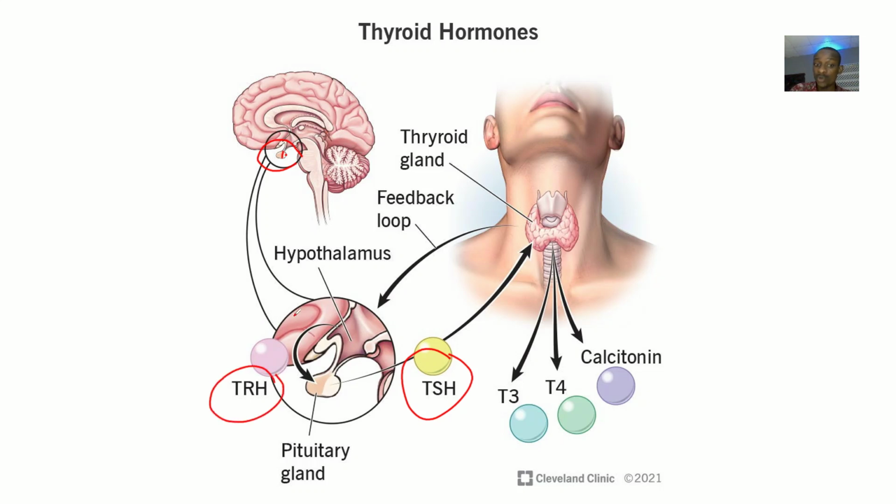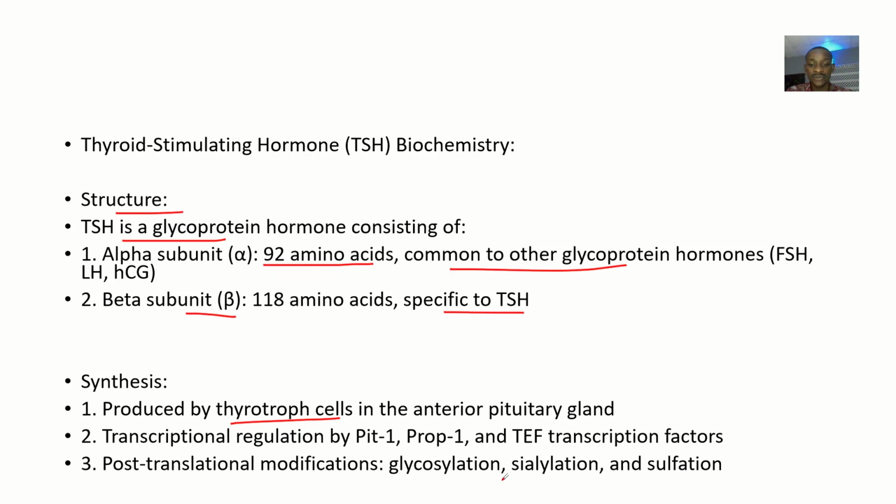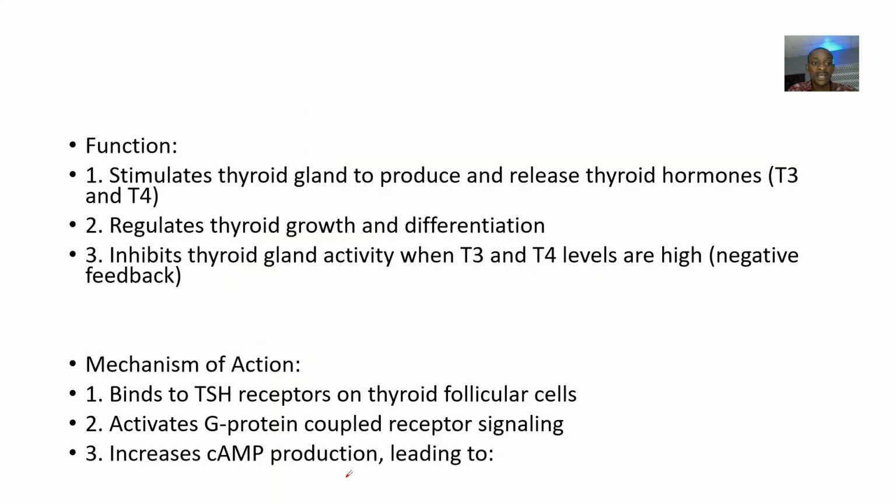The thyroid releasing hormone acts on the pituitary gland and releases TSH. TSH will act on the thyroid gland to release T3, T4, and calcitonin. You could just leave it there at your level: produced by the thyrotroph cells in the anterior pituitary gland. Full stop.